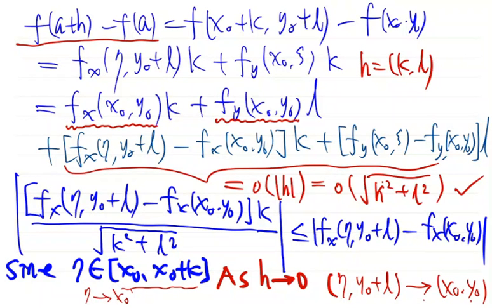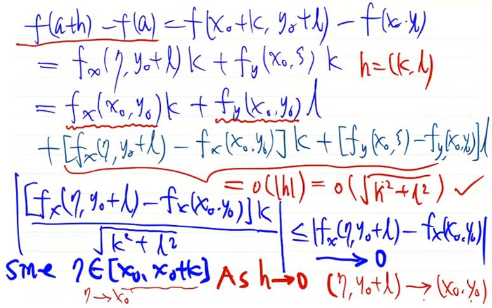So by the continuity of the partial derivative of f with respect to x, by the continuity of f_x, you see that the right hand side goes to 0. The absolute value of the difference of the value of f_x at these two points goes to 0 when h goes to 0.